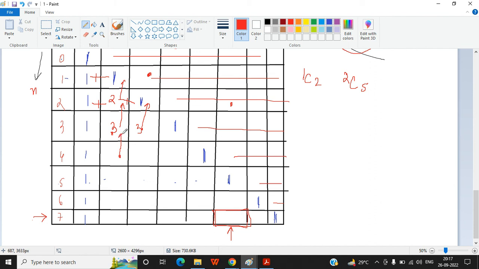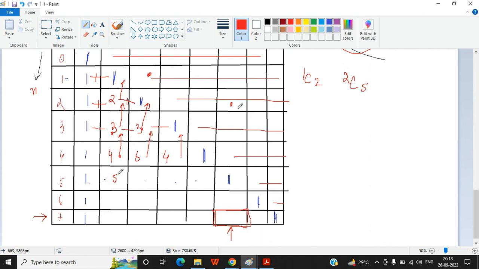So now tell me what will be the value of this item. Go one step upward, then 3 plus 1, 4. Here 4. Again going up, 3 plus 3, 6. 6 for this. Again, 4 plus 1, 5.